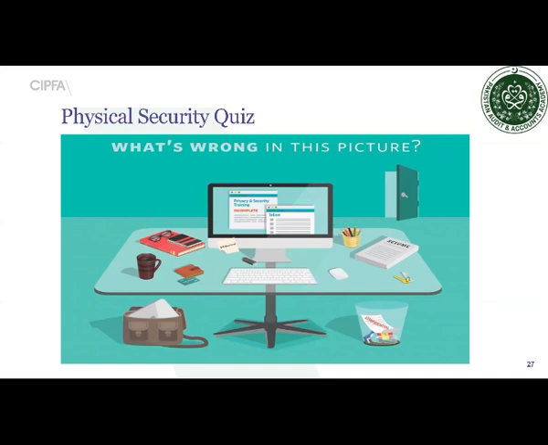Identify what is wrong with this picture or identify issues that you could see within this picture. There are multiple issues. So you've got 10 minutes, and then we will recap before we move on to the next topic. Just a quick refresher.